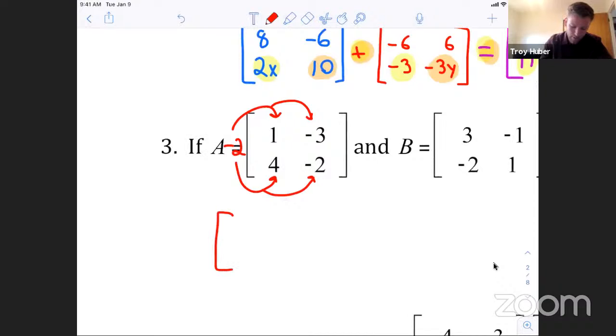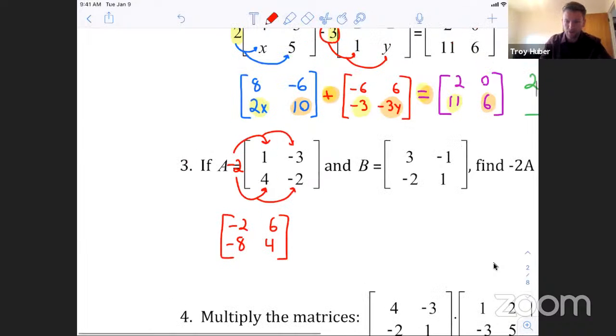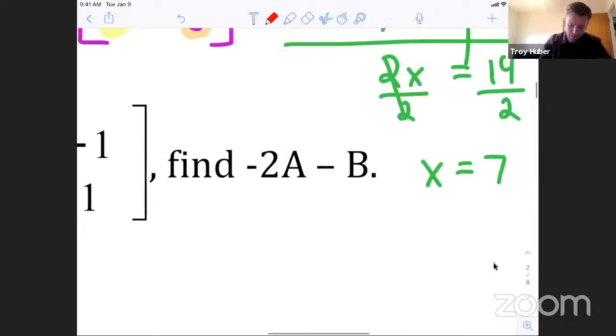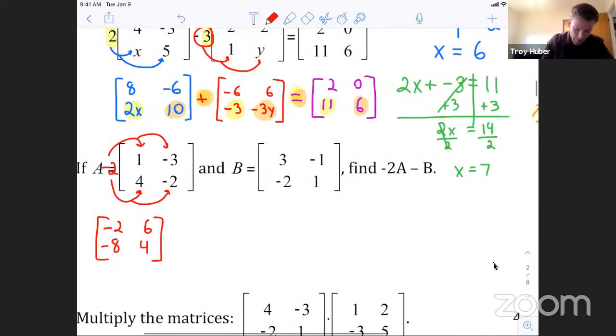So I have -2, +6, -8, +4. So that is my new matrix A. And then it says minus matrix B. So I'm going to put minus, and I'm just going to copy down matrix B is 3, -1, -2, +1.